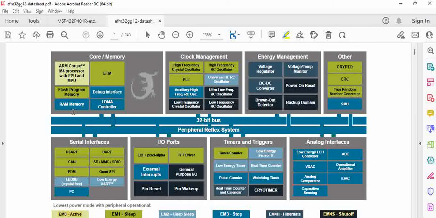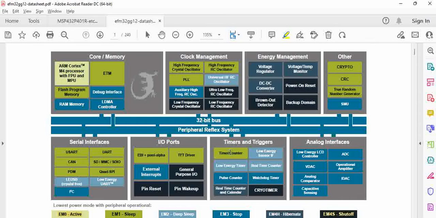And now, going back to the block diagram. This is the core. This is the clock management. Clock management, for any microcontroller, has features of PLL, where it generates the clock for further peripherals, and then you also have the internal oscillators that are available, which can be used if you don't want to use an external oscillator.